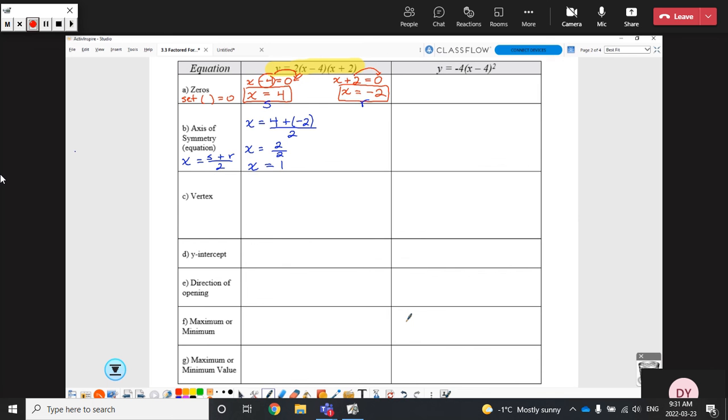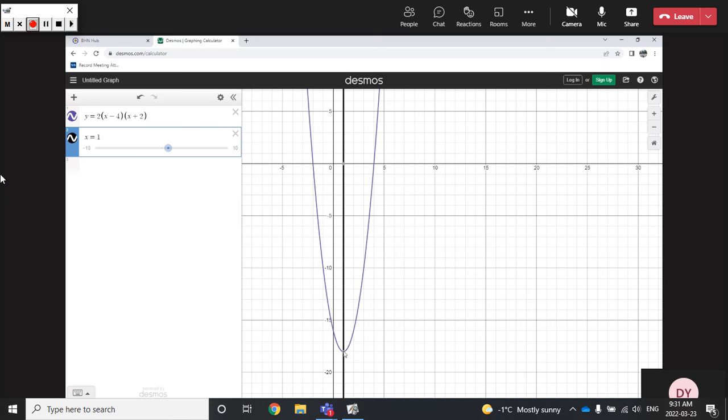Okay, now, the vertex. The thing about this vertex is that the vertex exists directly on the axis of symmetry. And for that reason, we know the axis of symmetry is at x equals 1. We shouldn't be too shocked that the vertex and the axis of symmetry share that same x value because the vertex lies directly on this vertical line.